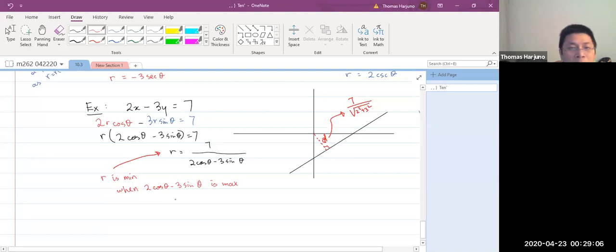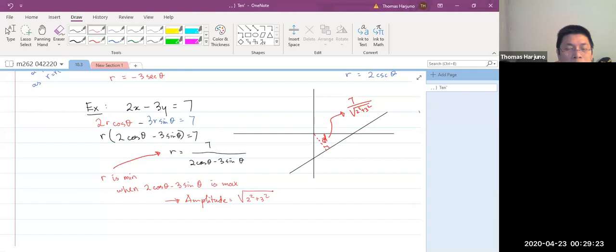But what is the amplitude? The amplitude is equal to the square root of 2 squared plus 3 squared. That's the amplitude. So r is minimum when you divide 7 by the amplitude.